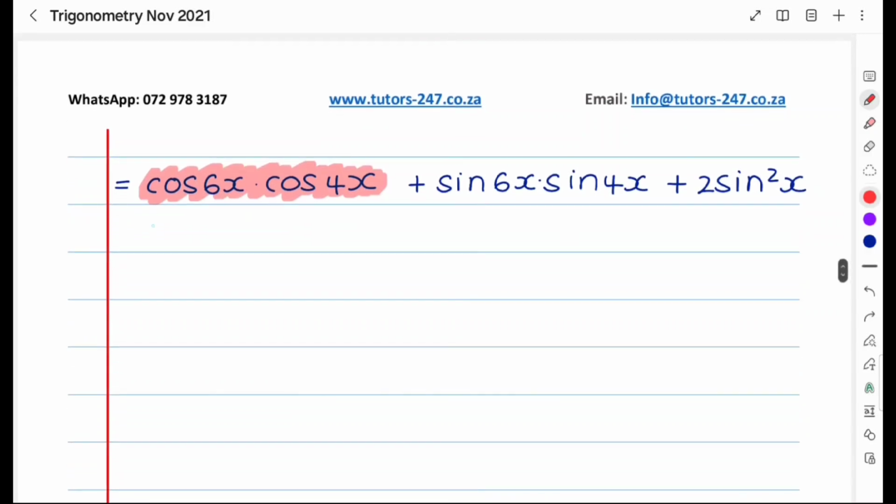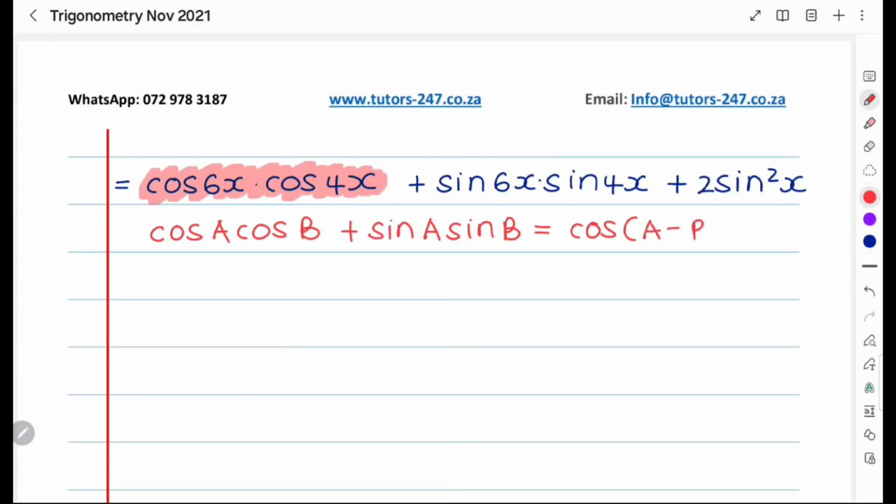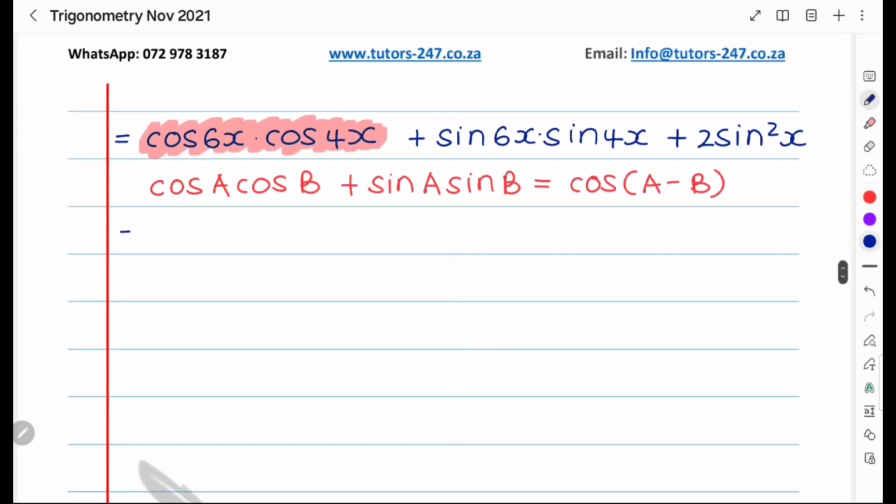So this is then going to be cos of the first angle, cos of the second angle, plus sine of the first angle, sine of the second angle, is equal to the compound formula cos of A minus B, whereby A is 6x and B is 4x.